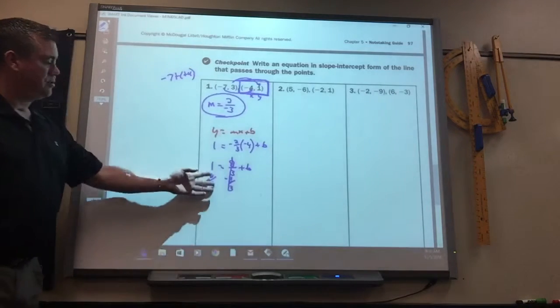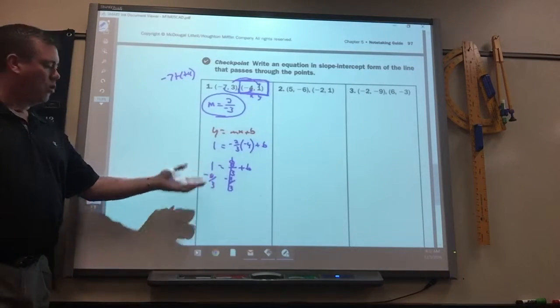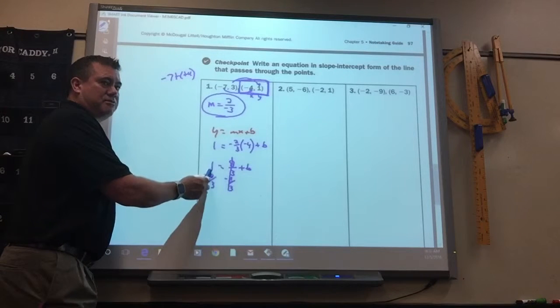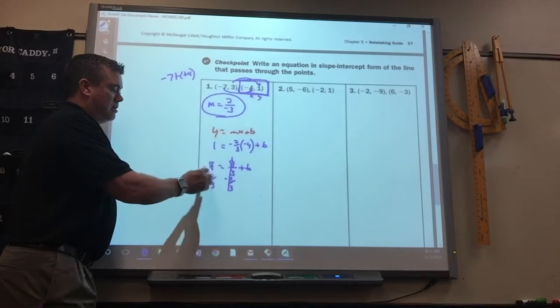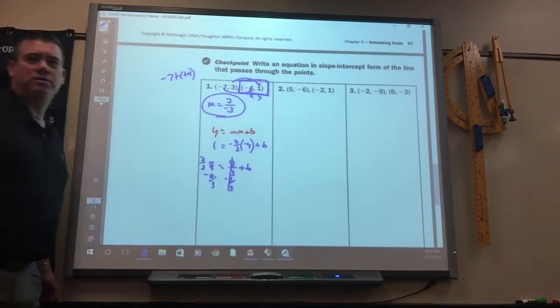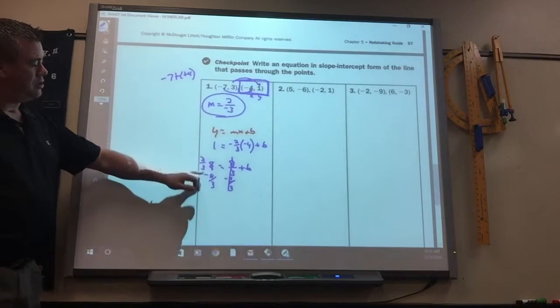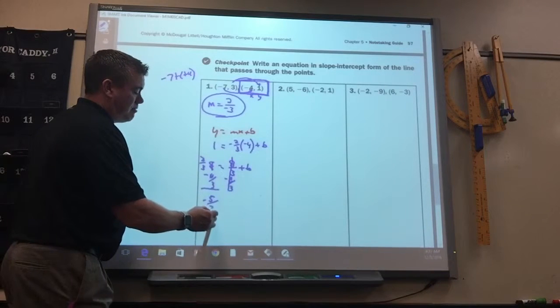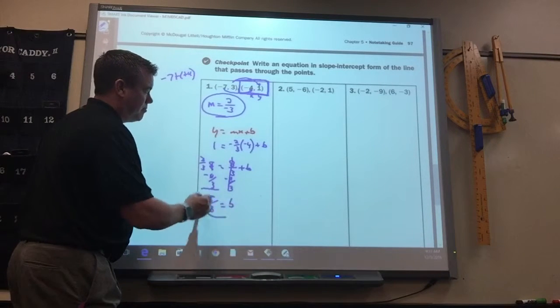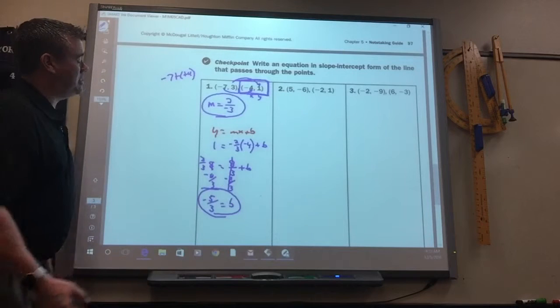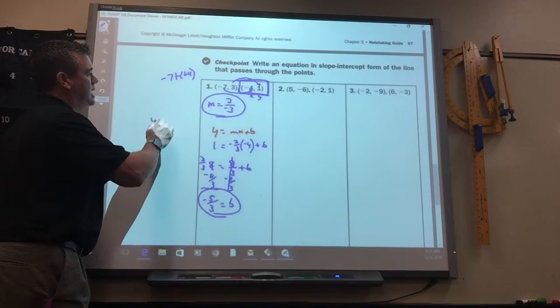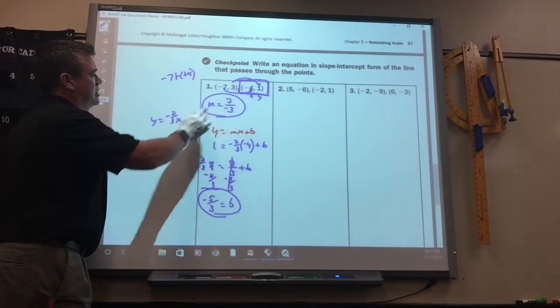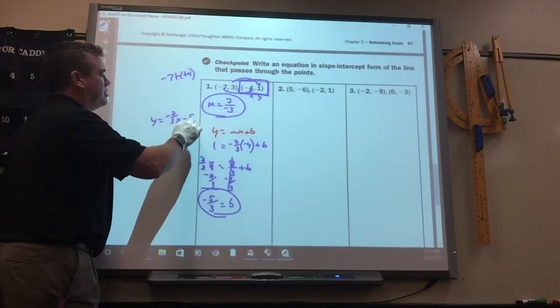You can make this into a mixed number, or you can just make this a fraction. 3/3 is the same as 1. So 3/3 take away 8/3 is negative 5/3. So then we write the equation y equals negative 2/3 x minus 5/3.